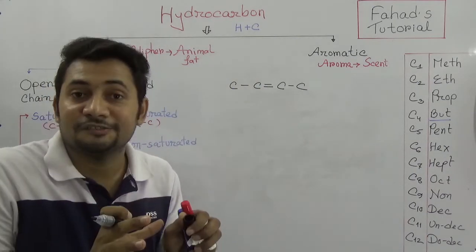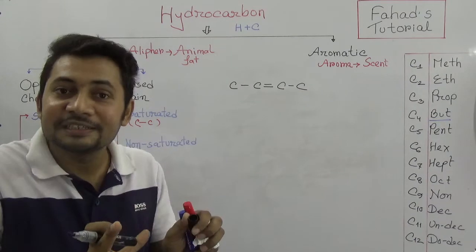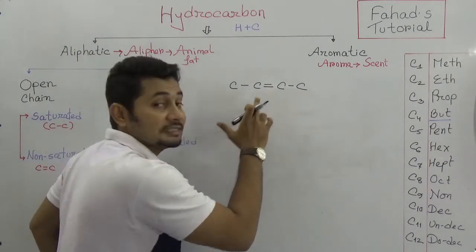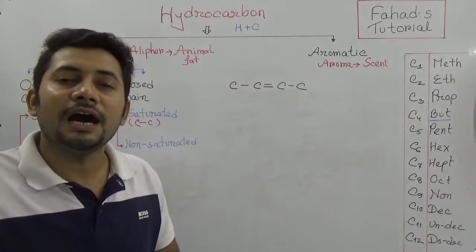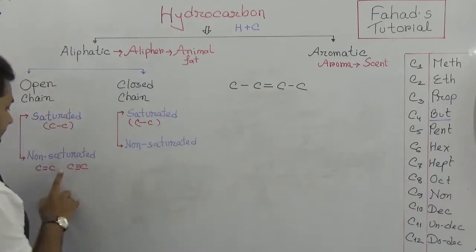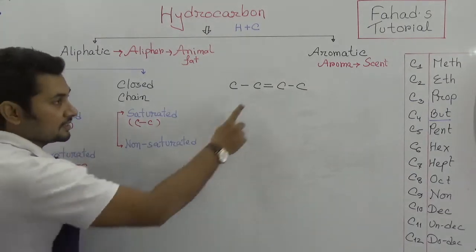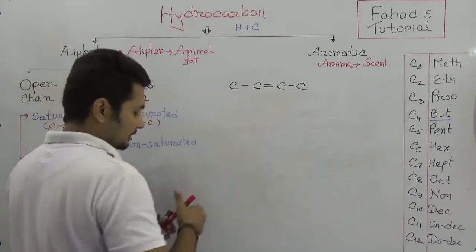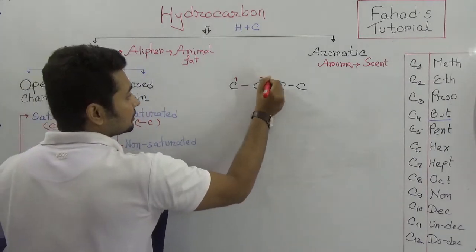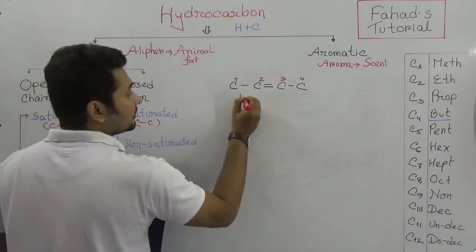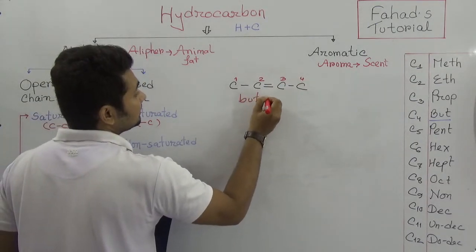What should be the name of it? I'm not taking the class of naming of organic compounds, but this is very important. As this is open chained and there is a double bond, this is a non-saturated aliphatic hydrocarbon. Unsaturated because there is a double bond. As it has 4 carbons, 1, 2, 3, 4, it should be butene.